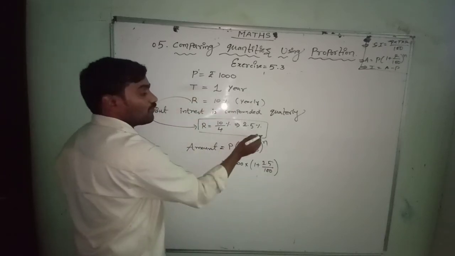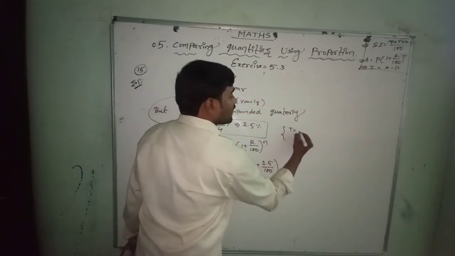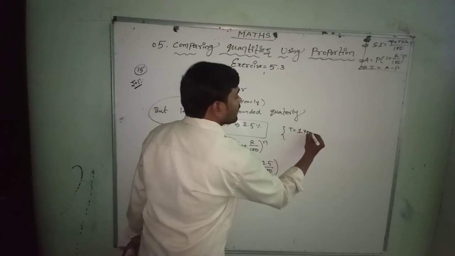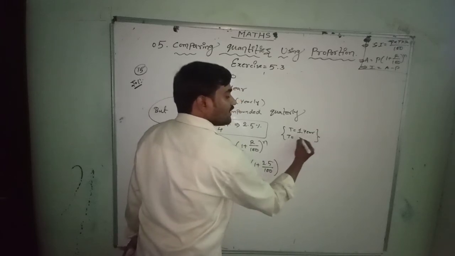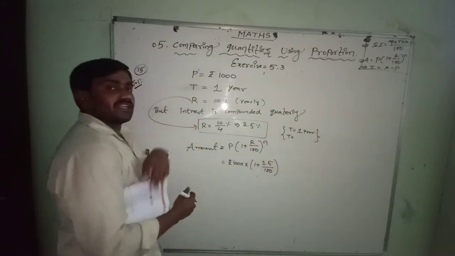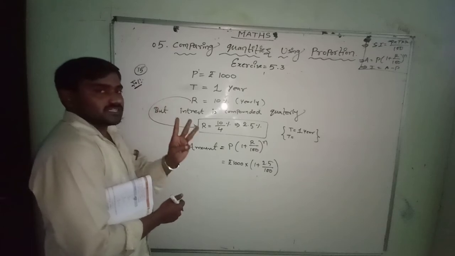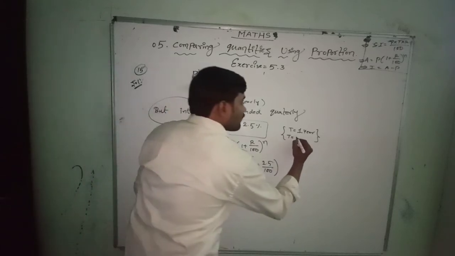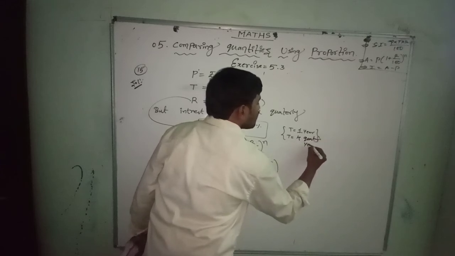In a year, how many quarter years are there? Here t equals 1 year. A quarter year means 3 months. In 1 year, how many 3 months will we get? 3, 6, 9, 12: 4 quarter years.